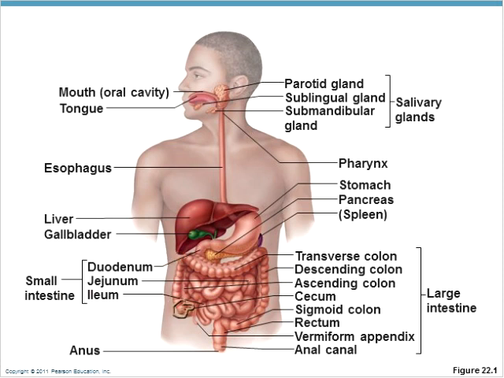It does that through a valve called the ileocecal valve, which is a one-way valve, which allows the chyme, or the breakdown product of food, to move in one direction from the small intestine, the ileum in this case, into the large intestine, and the little outpouching here at the end is called the cecum. At the end of the cecum is what's called the vermiform appendix. As I said, the ileocecal valve opens.